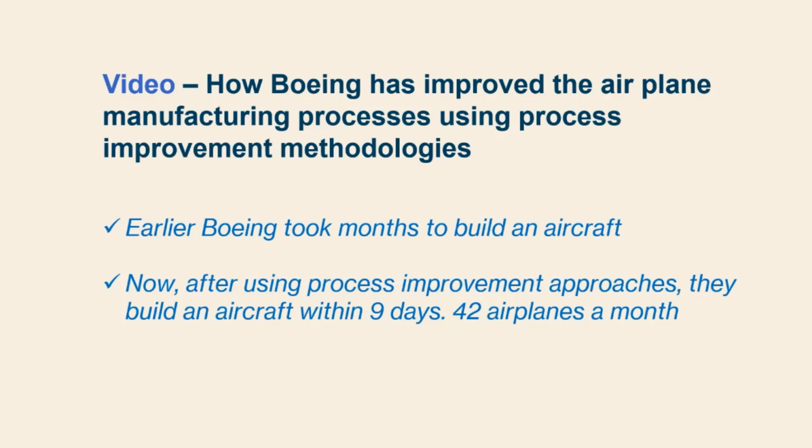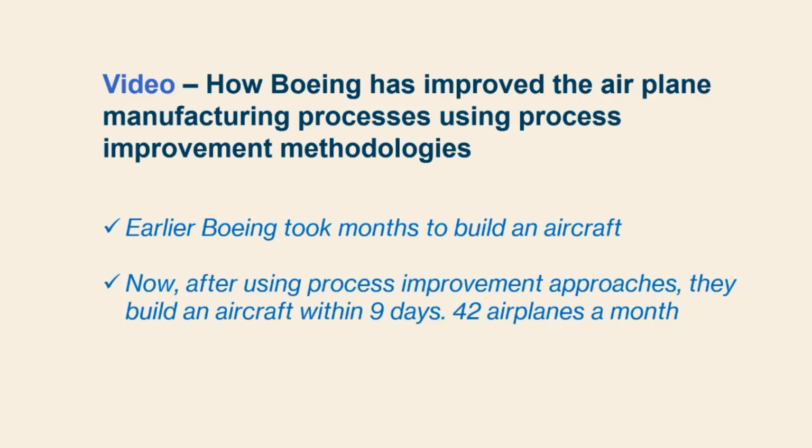In the old days, they took months to build aircraft. But now, after using these process improvement approaches, they build an airplane within 9 days, and they build like 42 airplanes a month.